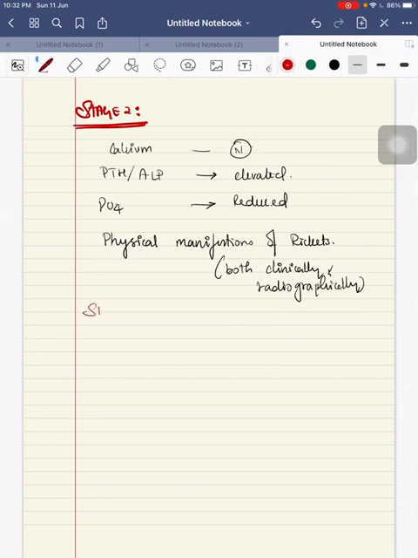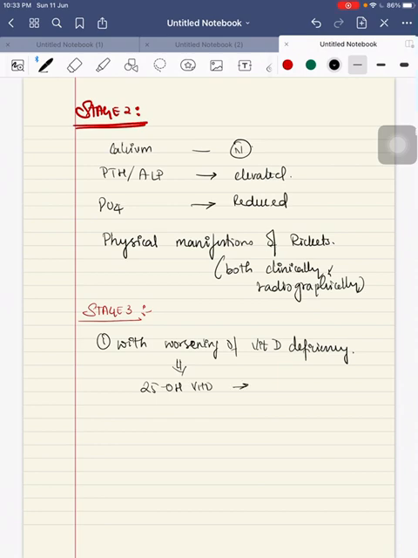In stage 3, with the worsening of vitamin D deficiency, the 25-hydroxycalciferol will also be low.